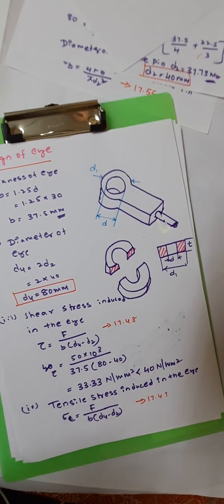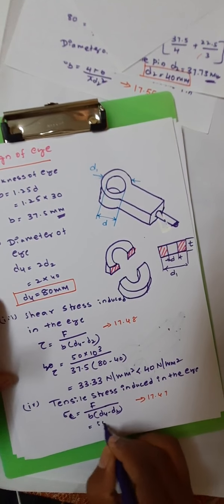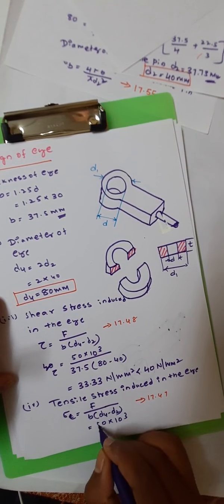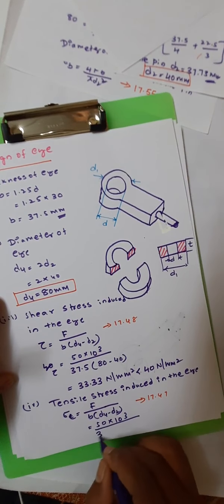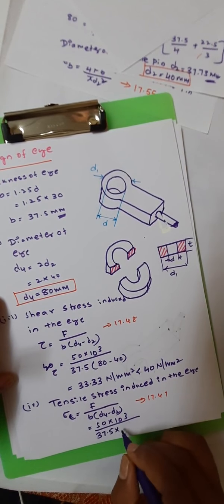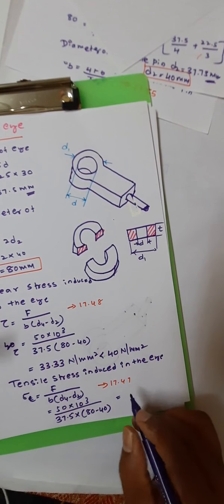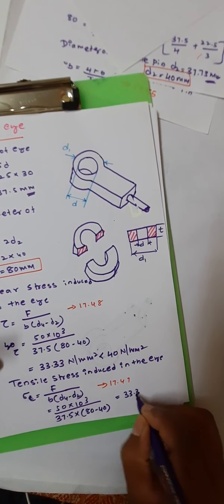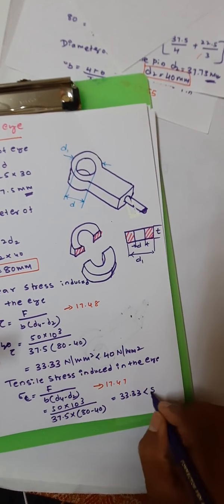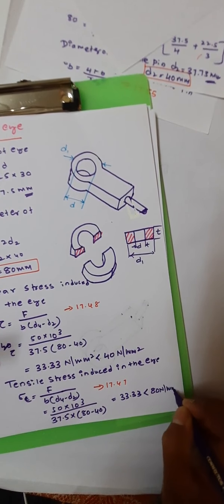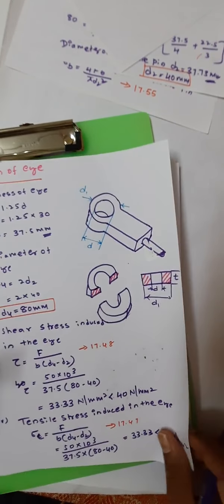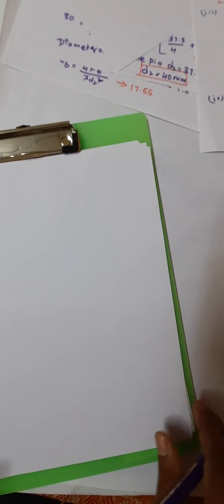Substitute all the values, that is 50 into 10 to the power 3 divided by 37.5 into (80 minus 40). We'll get 33.33, which is less than 80 Newton per mm square. So the design is safe with respect to the tensile stress.